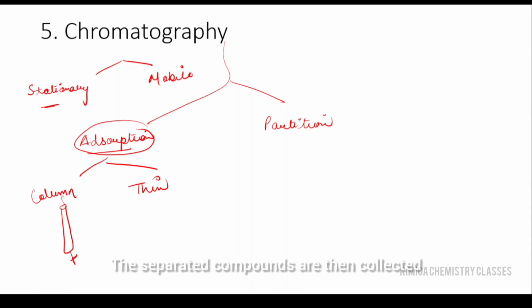The separated compounds are then collected individually as the eluent from the bottom of the column. For example, a mixture of chlorophylls and carotenoids from plant extract can be separated through column chromatography, right?